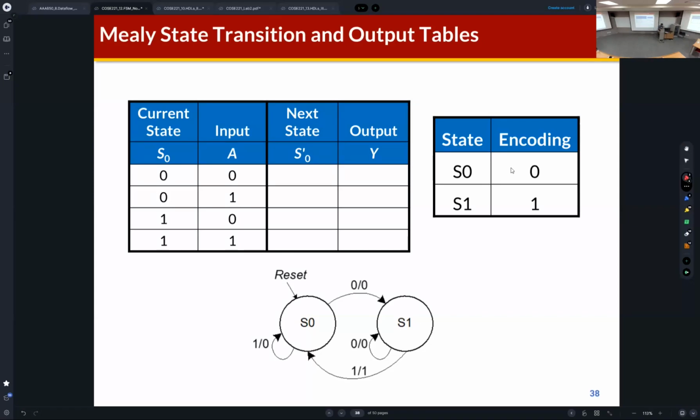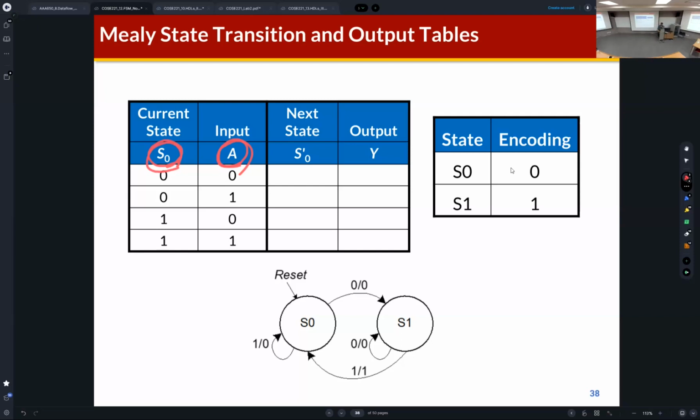It's simple: you find the current state and the input A. Based on the current state and input, the next state changes, and at the same time the output is also determined. So this is the Mealy FSM.